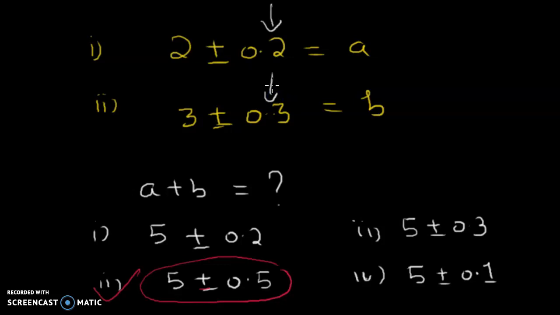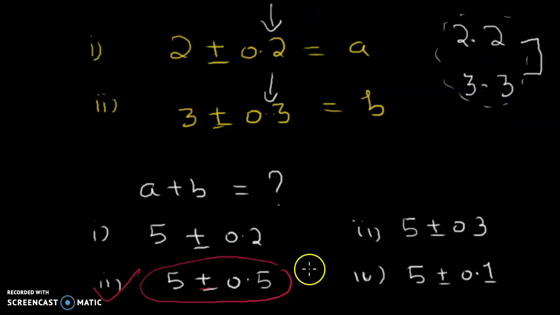You can think for yourself: the maximum value of A can go to 2.2, and the maximum value of B can go to 3.3. So even if you are adding the maximum values, you would get 0.5 above the measured value, and even if you add the minimum values, you would go 0.5 below the measured value. So that is the case over here. So just add the errors.